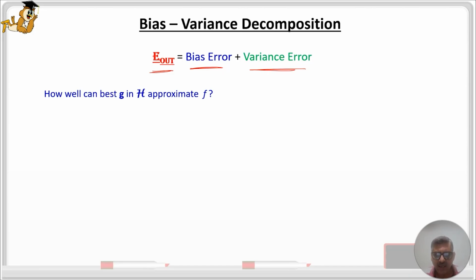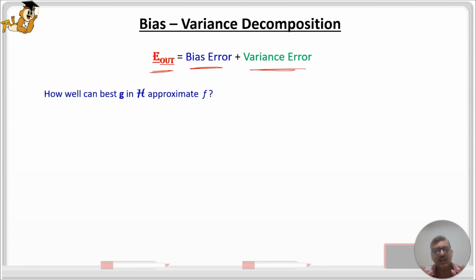The bias error relates to the question, how well can the best g in H approximate f? You have a hypothesis set which has certain hypotheses in it, and probably there is a best g over here, your final hypothesis.